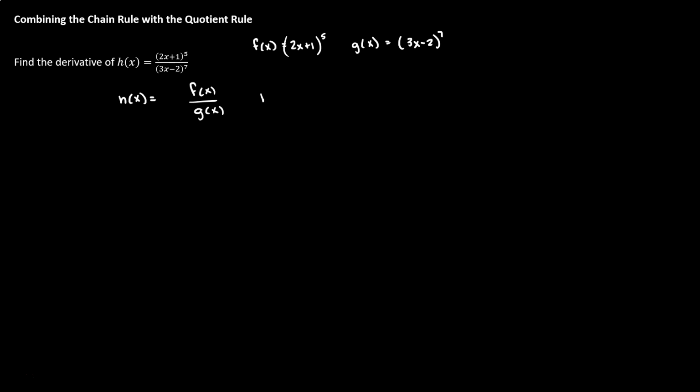And we know that the quotient rule for this derivative says we need f prime times g minus f times g prime, all divided by g squared.